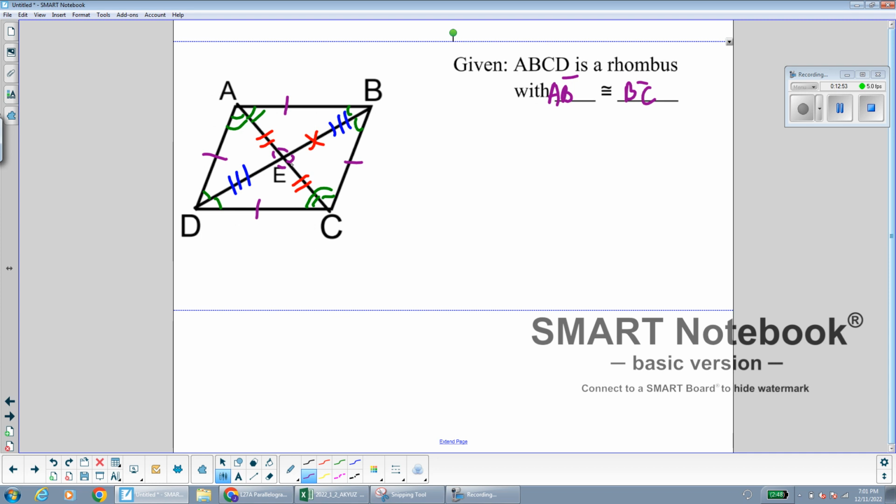So all of these angles in the middle, where the diagonals intersect, are right angles. And remember our special word for lines that intersect to form right angles: we call them perpendicular. So we have just shown that the diagonals of a rhombus are perpendicular to each other.